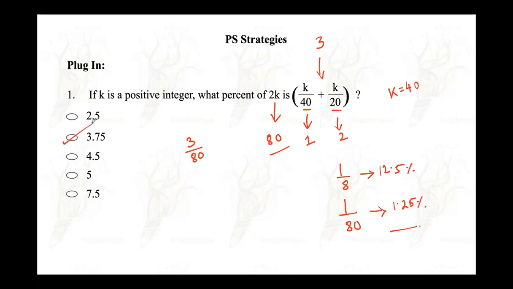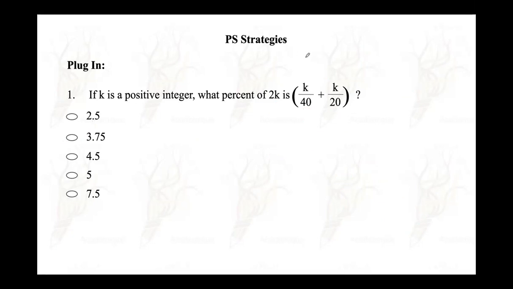So therefore, practically now everything can be done mentally, because the only thing that we need to do is assume that K is equal to 40, which means this is equal to 3, this is equal to 80, we need to do 3 by 80. 1 by 8 is 12.5. 1 by 80 is 1.25. And therefore, 3 by 80 would have been 3.75. So the question which would have required approximately 2 to 3 minutes could have been solved in less than 40 seconds.